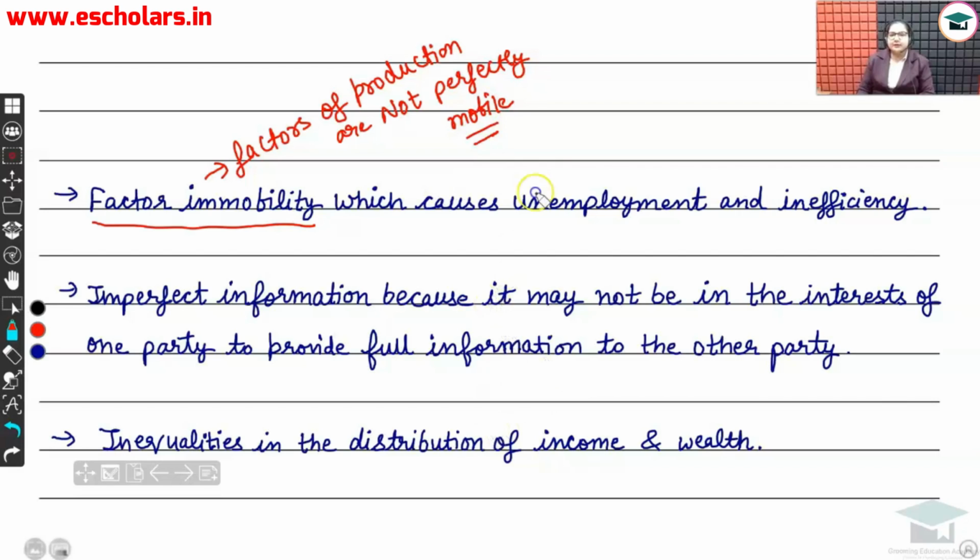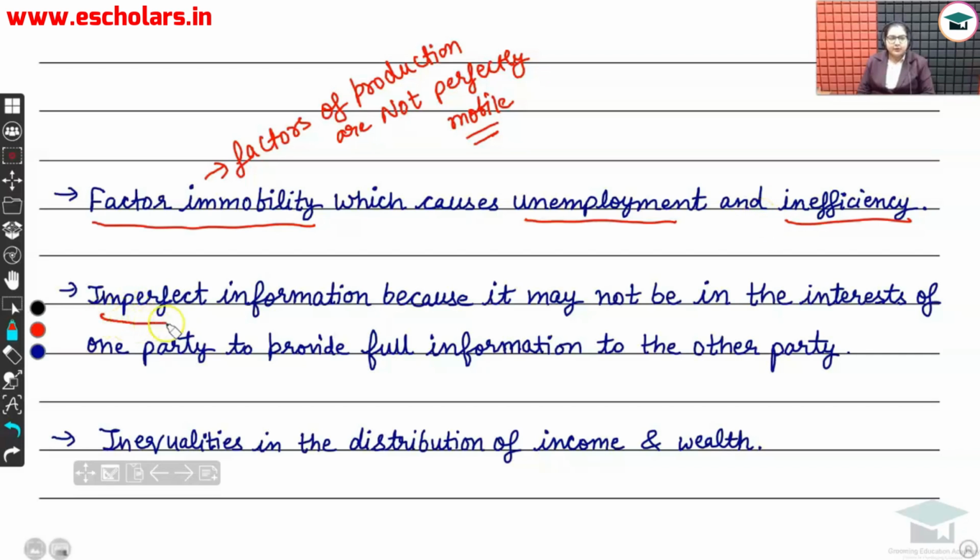It basically leads to market failure because it creates unemployment and inefficiency in the market. See students, if we are not able to move the most efficient resources to the location where they are most needed, then it will definitely lead to market failure, right?